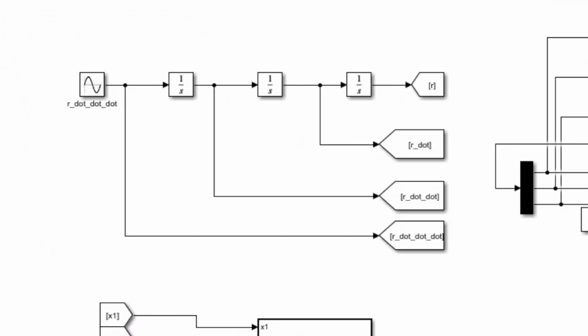Basically, if you can get away with taking an integral instead of taking a derivative, do that. And we don't want to generate a reference signal and then have r dot, r double dot, and r triple dot terms.